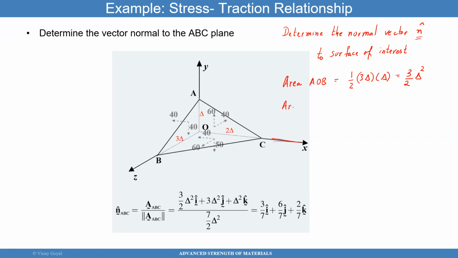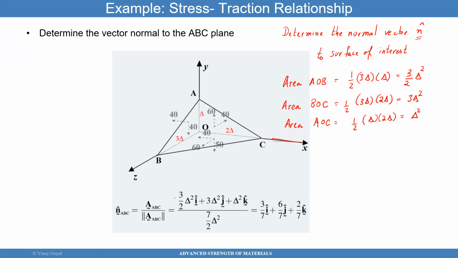Then the area of BOC is 1/2 times 3 delta times 2 delta, 1/2 times the height and the length, and that's 3 delta squared. Then the area of AOC is 1/2 times delta times 2 delta, which is just delta squared.